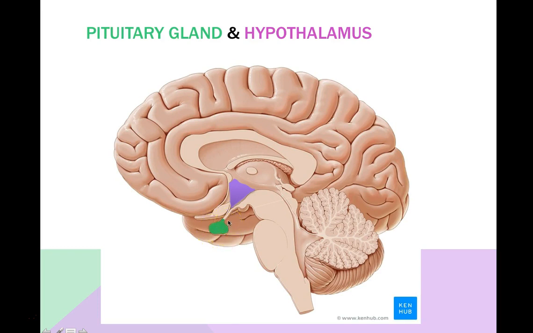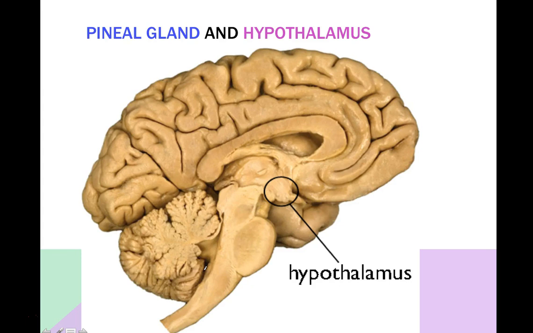Now, a lot of the brains that we take out in the cadaver lab will not have the pituitary gland attached. That is because we have a diaphragm that covers this portion of the pituitary gland. It's actually a dural fold that we will discuss in the nervous system. And so when we go to pull the brain out of the cranial cavity, this diaphragm or dural fold holds it in place and keeps it within the cranial cavity. And so that's how you're going to identify it.